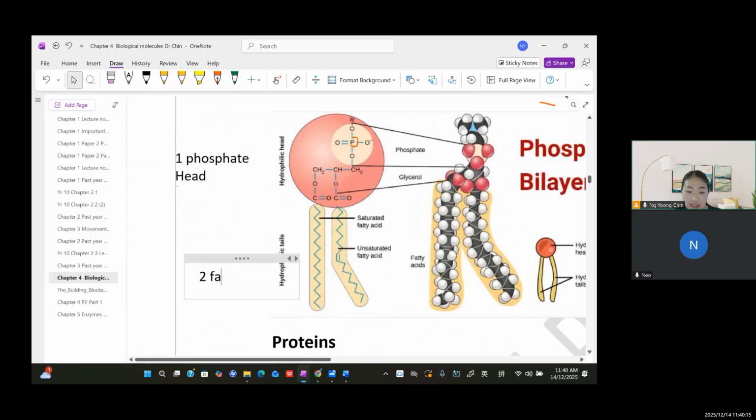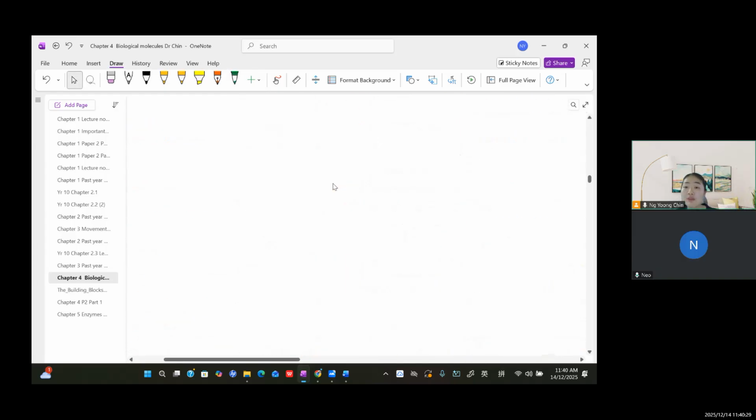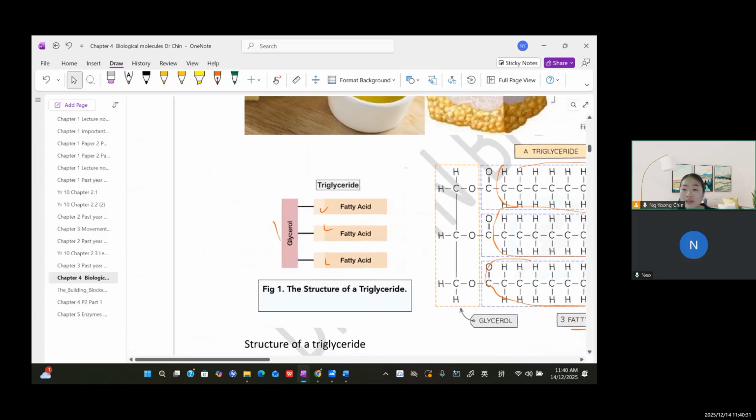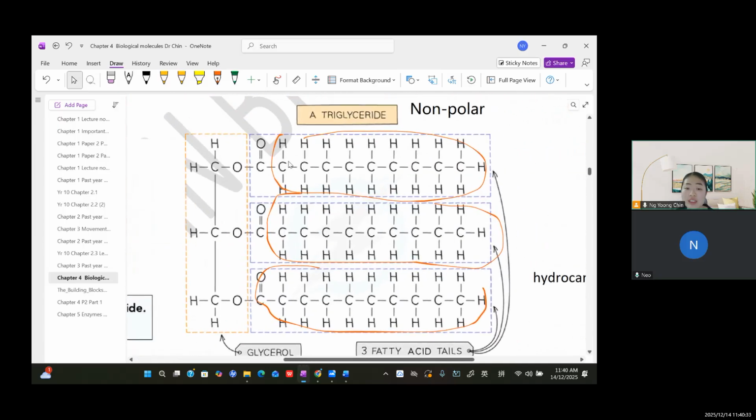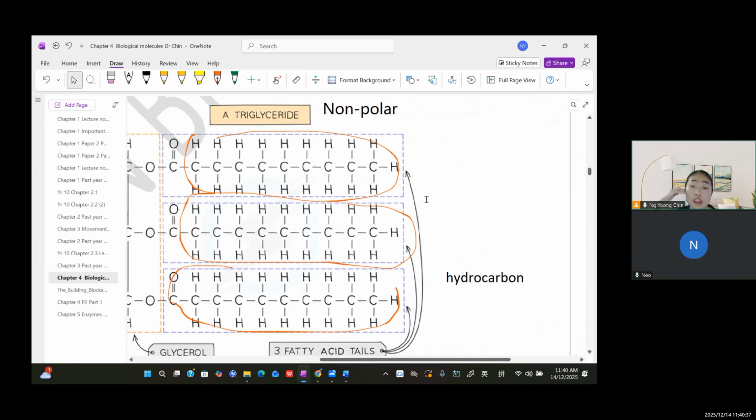2 fatty acids. You can see the structure like this. It actually refers to the hydrocarbon chain. This is the structural formula, and just now was what we call the skeletal formula.